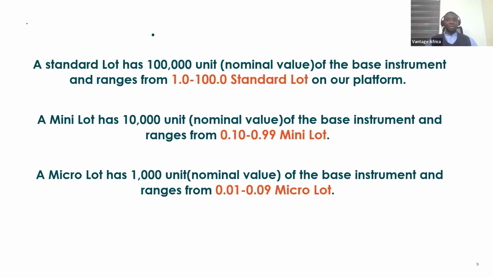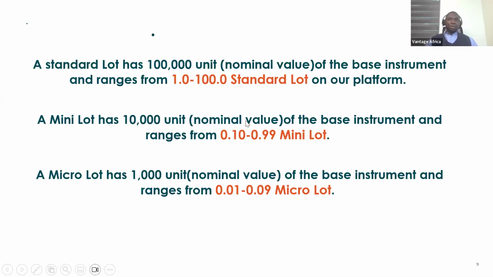If you're trading GBP USD, then we're talking about pounds. So a mini lot is 10,000 in nominal volume of base currency, represented by picking numbers from 0.1 all the way to 0.99. That's the mini volume, mini lot.